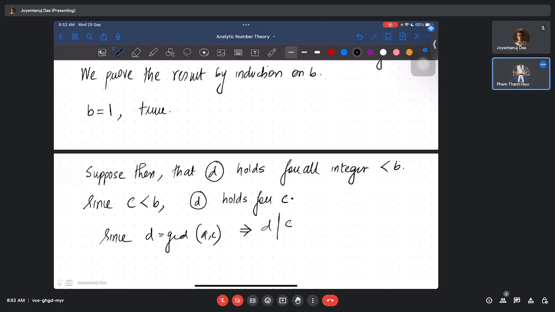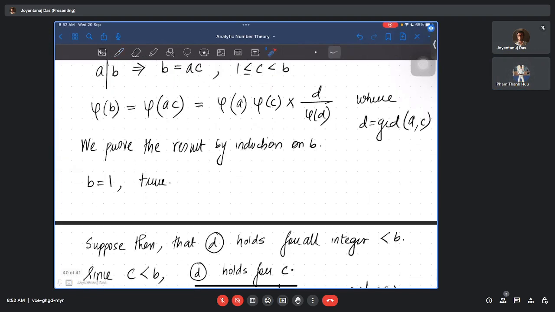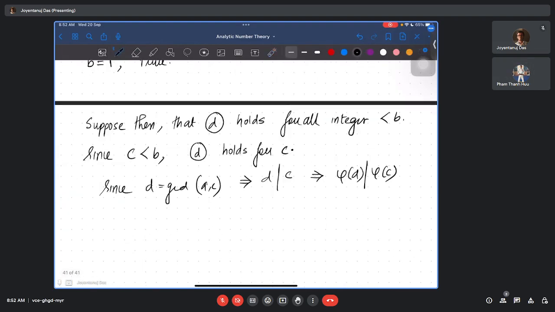And since the result holds, phi of D must divide phi of C, right? So from here I get that phi of C over phi of D is an integer.